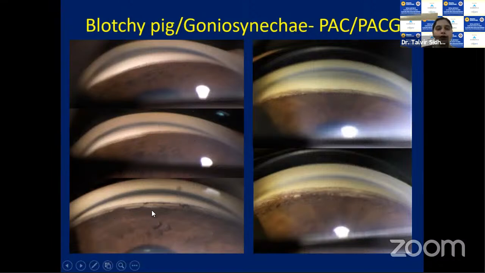Here you are able to see goniosynechiae and blotchy pigments over the trabecular meshwork. Here also you're able to see small goniosynechiae. Here also the iris does not open up on manipulation. So these are the people who have started developing angle closure, and these are the people who are primary angle closure. And there, YAG iridotomy must be done.